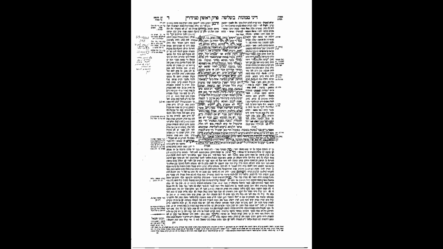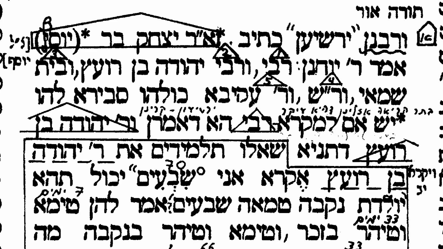V'Rabbanan, at the top of Daf Daled Amud Aleph we see the Rabbanan, they hold only 3. Yarshion Ksiv. They don't look at the way we read the word. They look at the way the word appears in the tradition, in the way it's spelled. And it's spelled without a vav toward the end of the word.